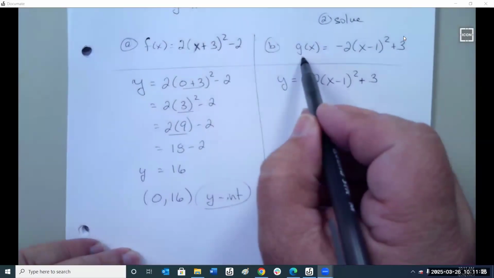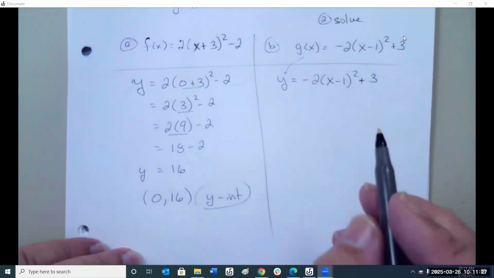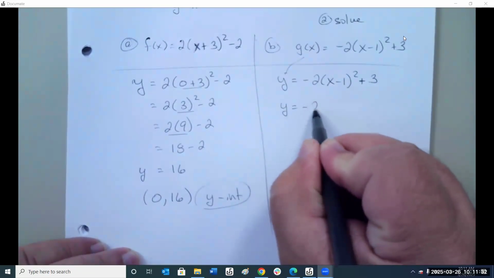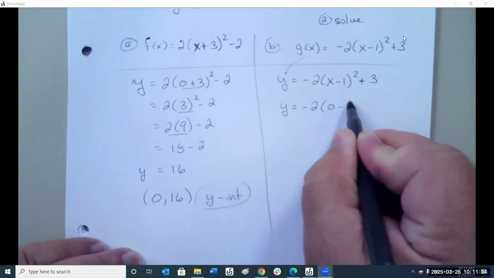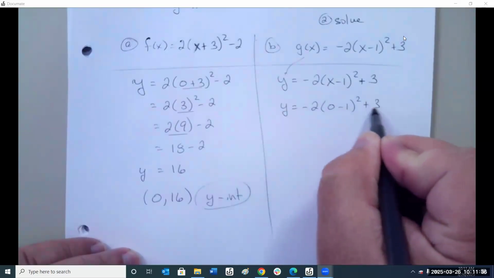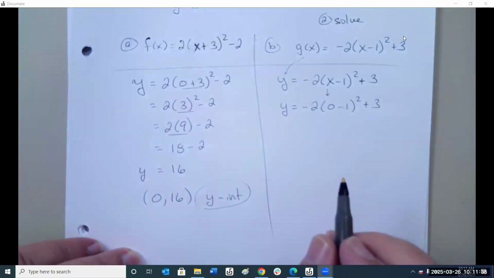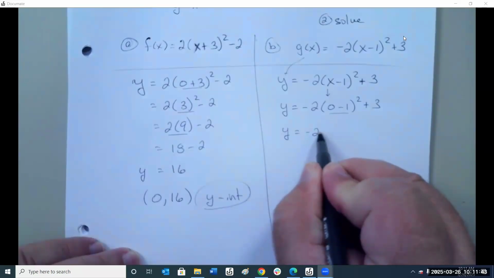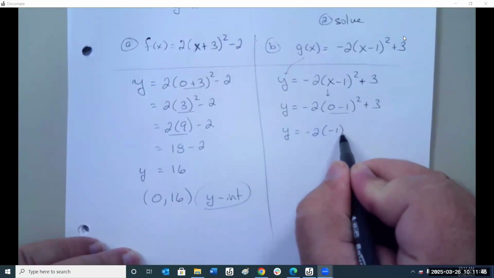Okay, so again, the g of x is the same thing as the y. So the first thing you have to do is set x equal to 0. Work inside the parenthesis. 0 minus 1 is -1 squared.